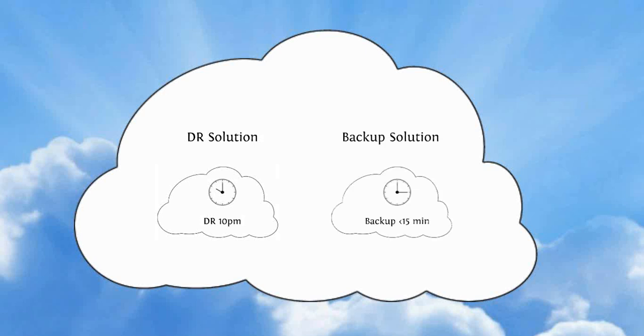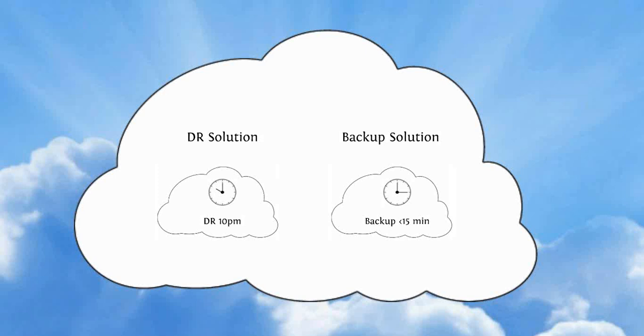If it needs to be less than that, we can look at using that alongside a backup solution, which can run every 15 minutes. To give you an example, if you had to invoke the solution at 4 p.m. in the afternoon, the DR solution would come up, and your systems, your email exchange, your servers, your SQL servers, would look as they were at 10 p.m. the previous evening.